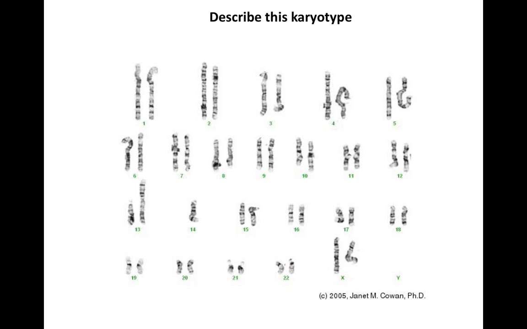This is another karyotype that we need to describe. Okay, we first look at the number of the chromosomes. Is there a numerical abnormality here? As we can see, there is one chromosome 14. Before I rush and say that this is a monosomy, I have to look if the other chromosome is attached to any of the other acrocentric chromosomes.